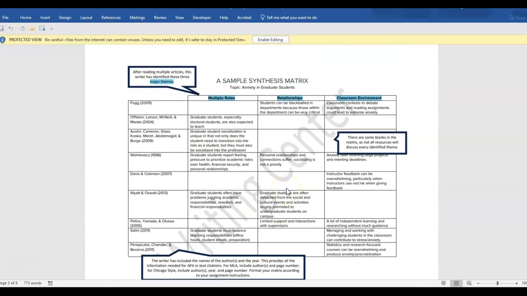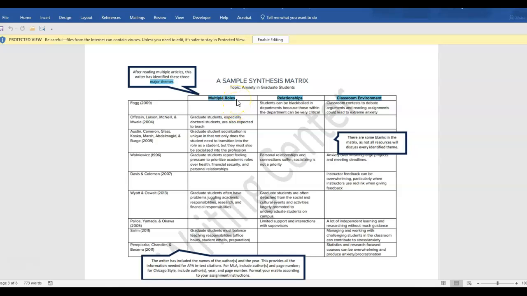So in this case, in our sample, if we were looking at a study of what scientists are currently studying about anxiety in graduate students, after reading multiple sources, this writer has identified several themes that keep coming up in these articles.